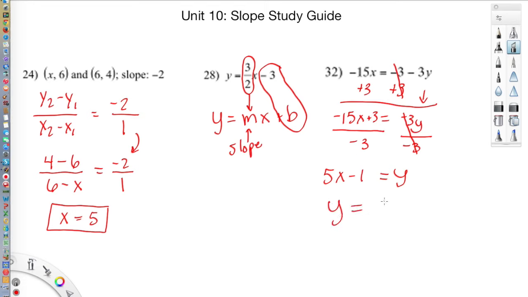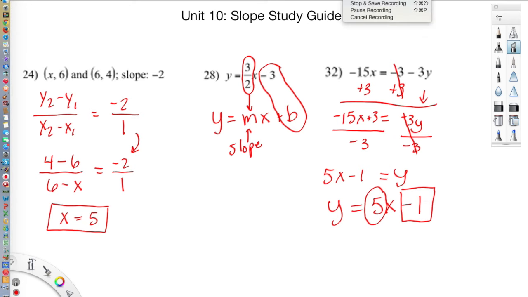So we could say y is equal to mx plus b. Okay, see what I'm doing here? I'm just putting it in order. I'm just flip-flopping it around. So my slope would be 5, and my y-intercept, or b, would be negative 1.